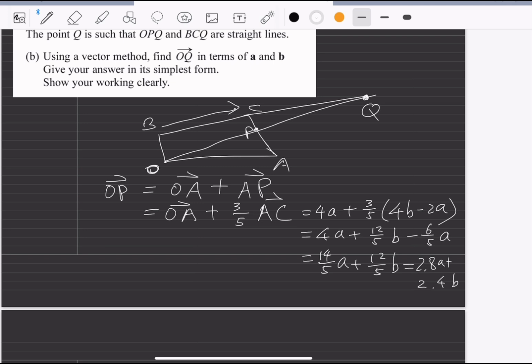And OQ from this direction can be represented using a multiplier lambda times OP. That gives us lambda times 2.8a plus 2.4b.